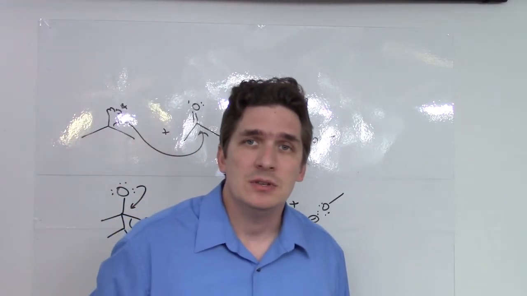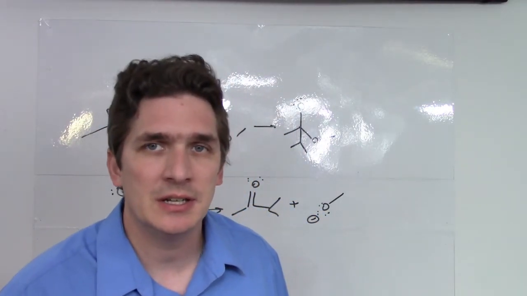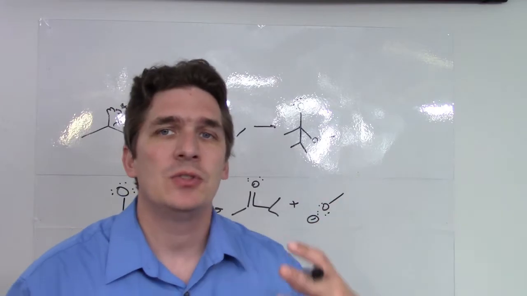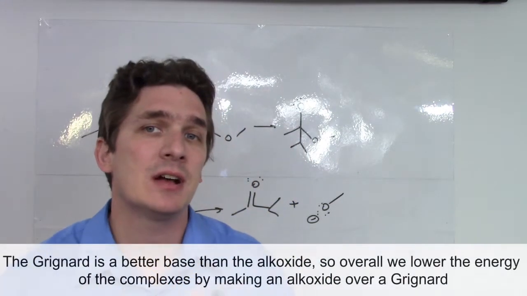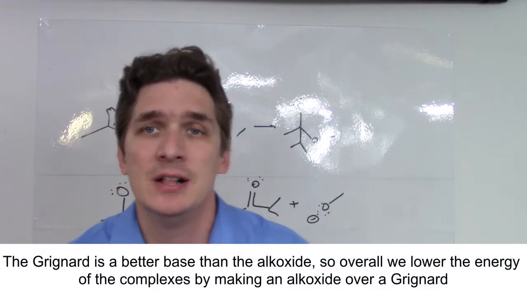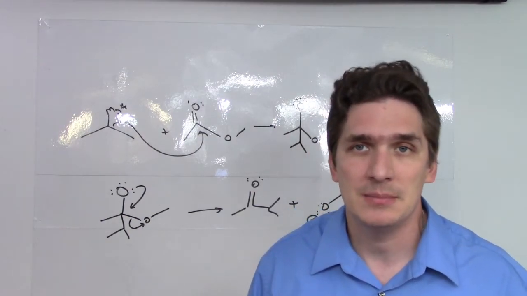Now, why does it do this? Well, this has a -1 charge, and the alkoxide is more willing to carry a negative charge. So basically, the reason this happens is that we're changing who's having to bear this negative charge, and the alkoxide would rather bear the negative charge than the starting Grignard organolithium complex.